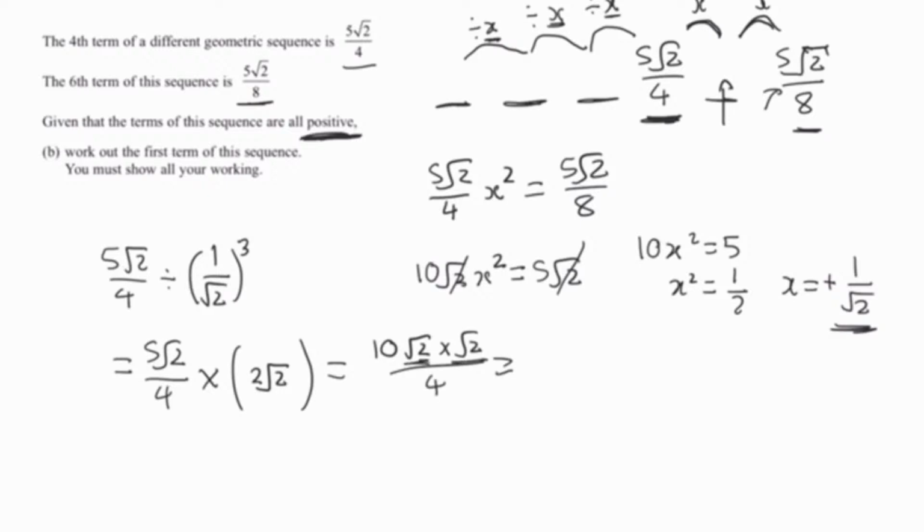So the root 2's will combine, so you have root 2 squared, which is just 2. So 10 times 2, 20 over 4, and that is 5. So our first term of the sequence will just be 5. So that will be our final answer. It feels a bit weird how we have all these surds and then our first term is actually just an integer, but I guess that's how it is.